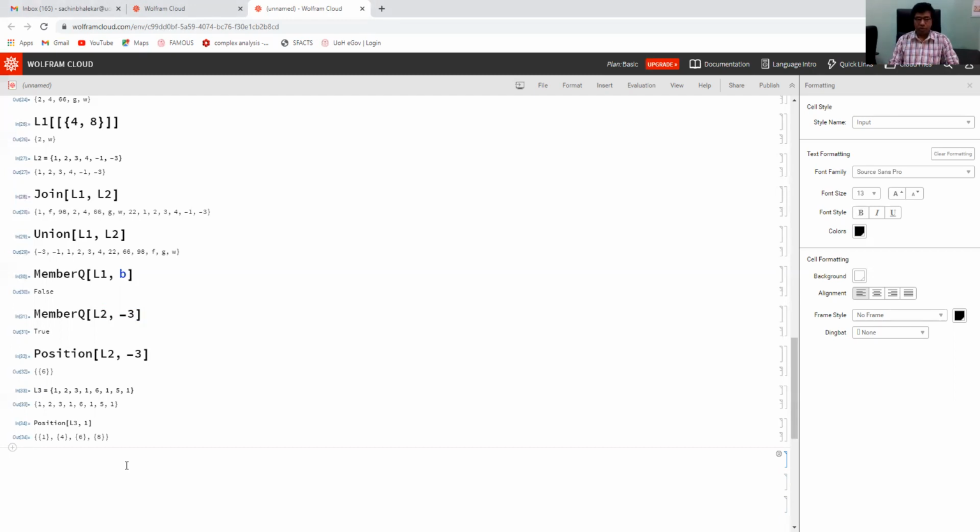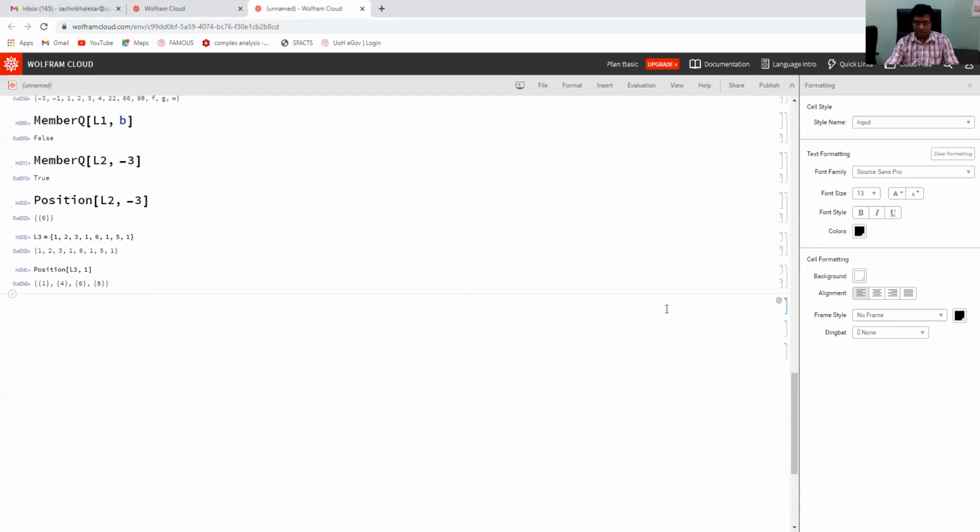Suppose we have a list of 1,000 elements. Each element is of this form, say a square of natural numbers, the first 1,000 natural numbers. It is not possible manually. So what we use, we need a formula. The command is Table. We can use the command Table.